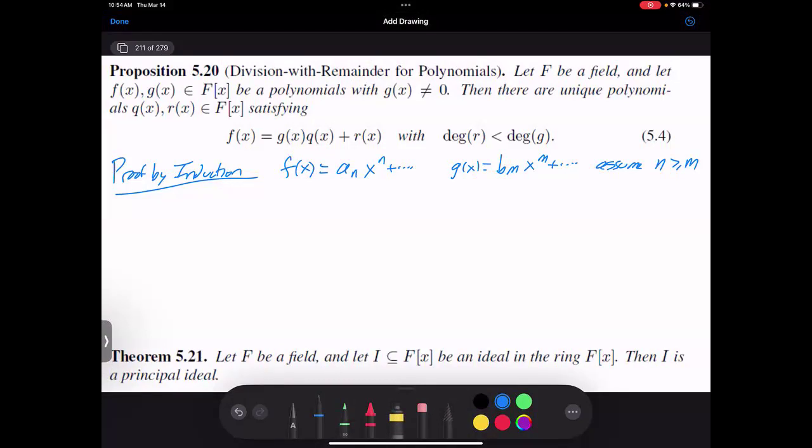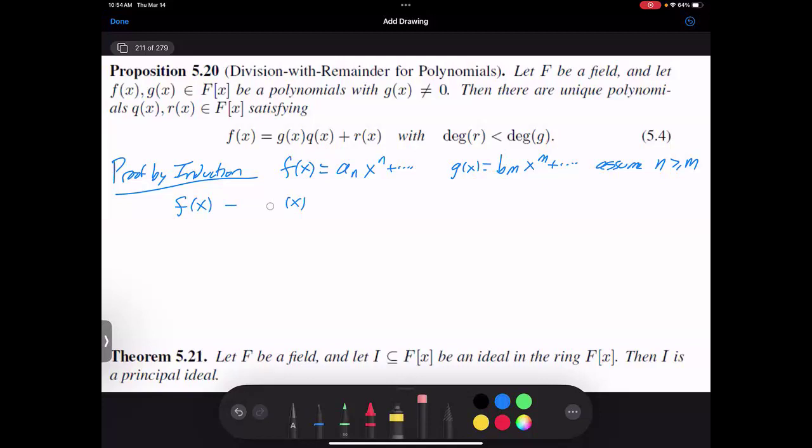We're done. So now what we can do is we can look at f of x minus what multiple of g would you want to subtract to get rid of the highest degree? So f of x starts with a_n x to the n, g of x starts off with b_m x to the m.